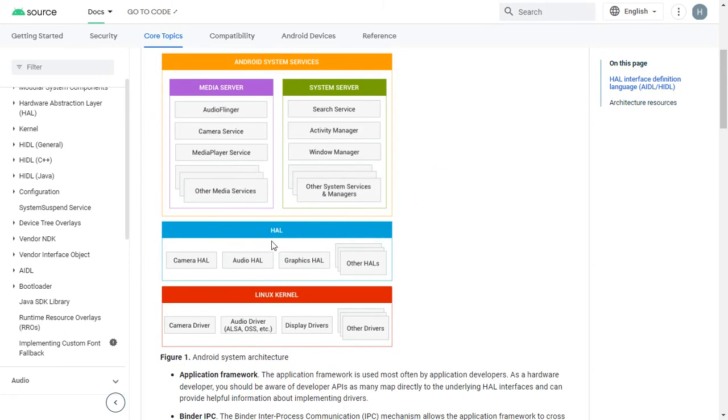The next thing is HAL. HAL is a hardware abstraction layer, which provides an interface between the Linux kernel and system services.